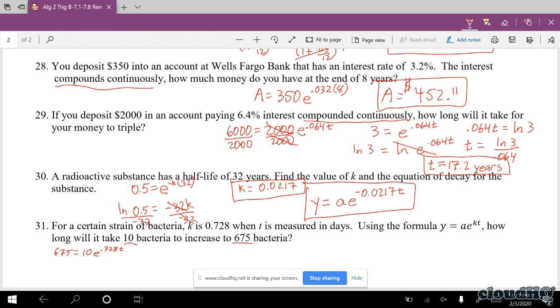So we divide by 10. So 67.5 is equal to e to the 0.728 T. So now we're going to natural log both sides.